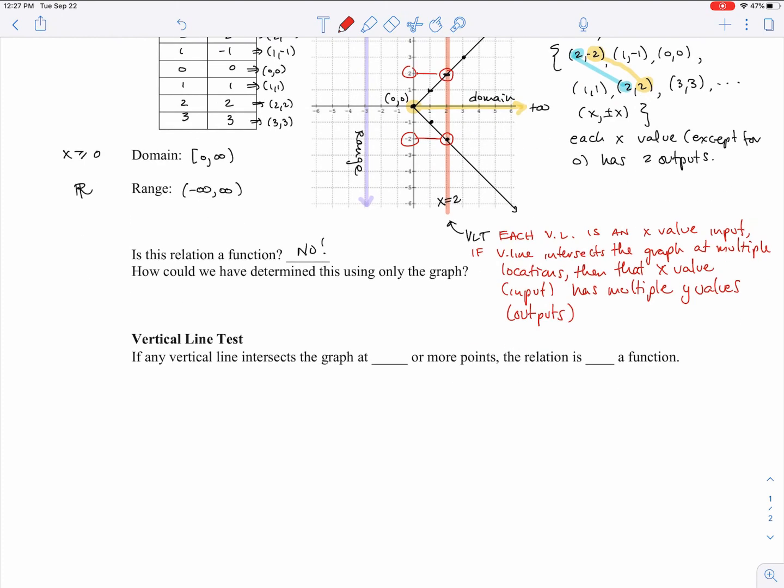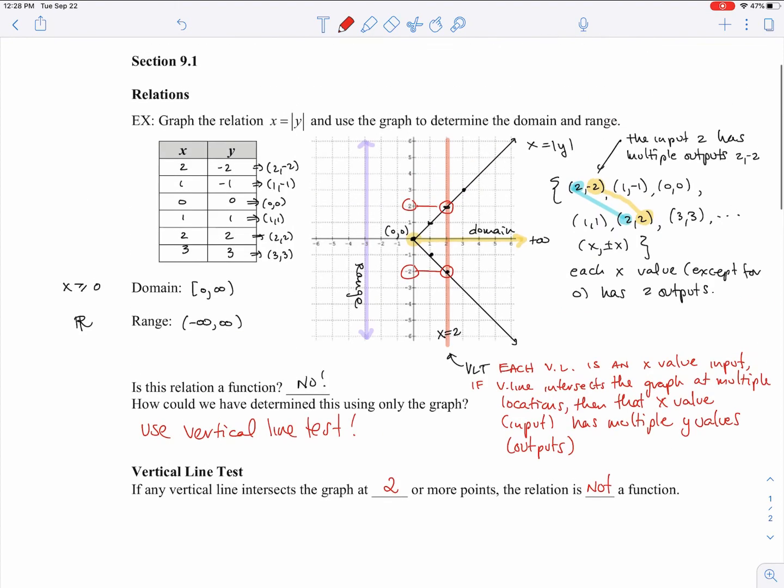So how could we have determined this using only the graph? Use the vertical line test. That's actually reiterated down here below. How does the vertical line test work? If any vertical line intersects the graph at 2 or more points, the relationship is not a function. And that's the idea.